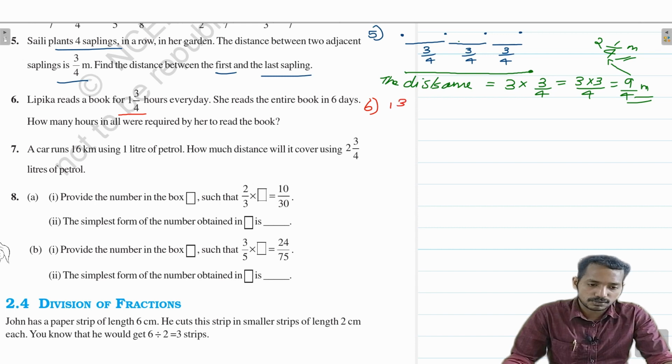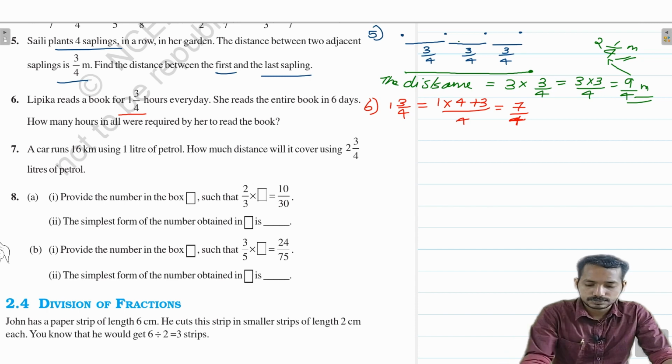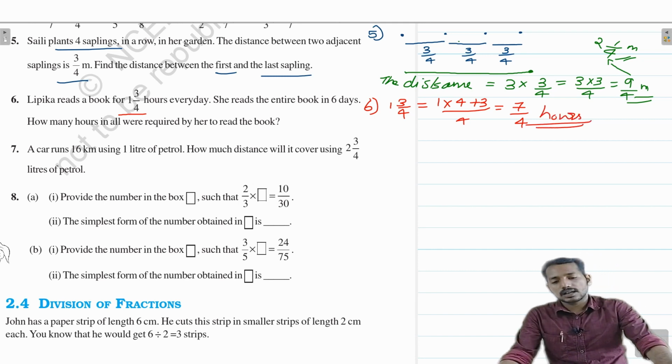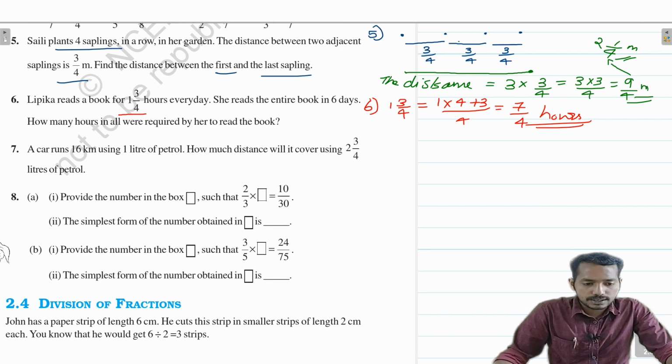So 1 3 by 4 is equal to 1 into 4 plus 3 divided by 4, which is 4 plus 3 is 7, 7 divided by 4 hours. This is the time she spent for reading every day. Clear? Now she reads the entire book in 6 days.